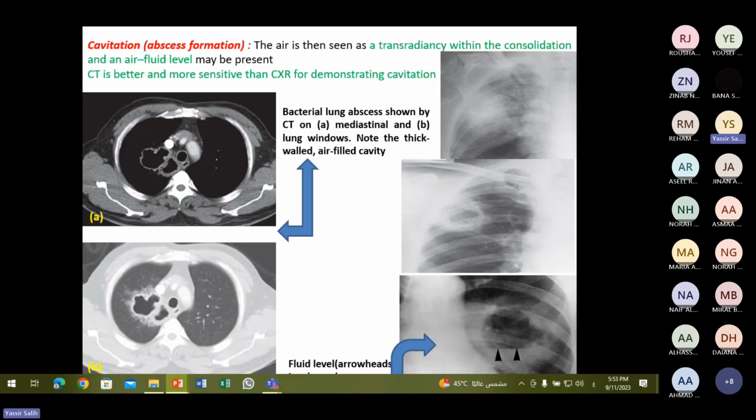نيجي لكونديشن other condition. نحن زي ما قلنا إذا البيشنت عنده نيمونيا، ممكن يحصل له consolidation، اللي هي opacity with air bronchogram. دي مثلا البيشنت حصل له opacity with air bronchogram then later develop air in the center of this opacity.